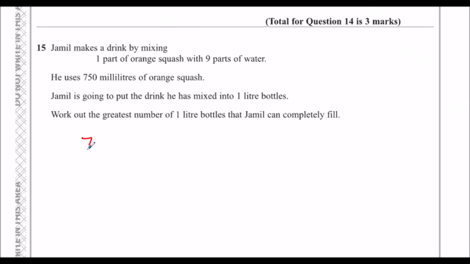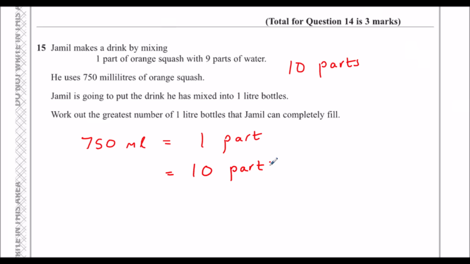So 750 milliliters is 1 part, and in total there's 1 part orange, 9 parts water, so there are 10 parts in total. So how much is 10 parts? Well, 10 times as much, 7,500 milliliters.